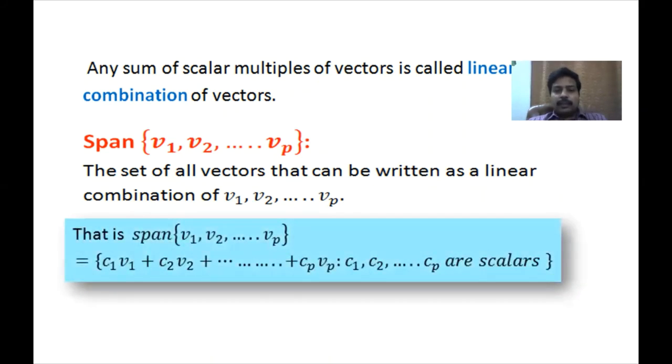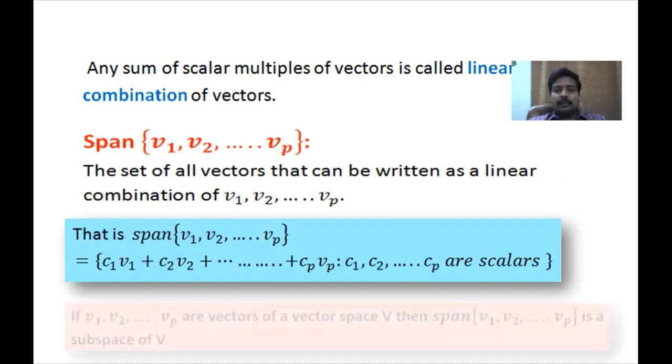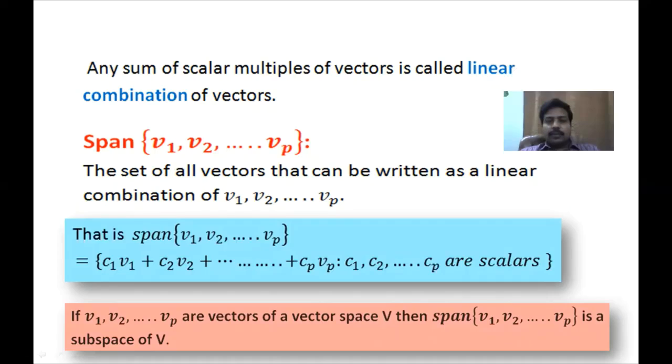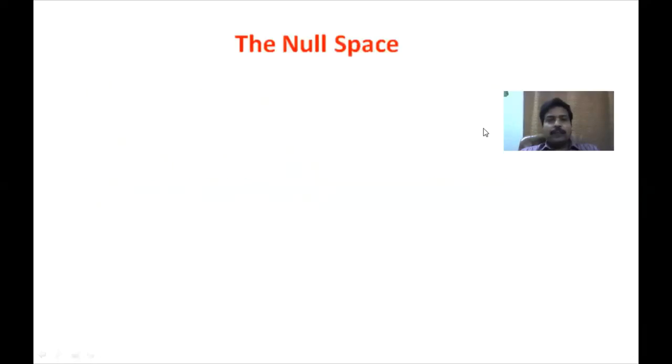That is the mathematical definition: span of v1, v2, ..., vp is equal to the set of c1 v1 plus c2 v2 and so on plus cp vp, where c1, c2, ..., cp are scalars. This is another theorem we have already seen. If v1, v2, ..., vp are vectors of a vector space V, then span of v1, v2, ..., vp is a subspace of V. These are the statements which we are going to use today.